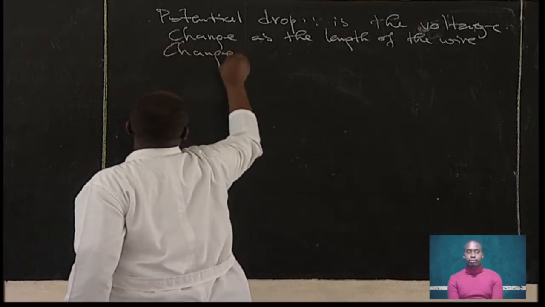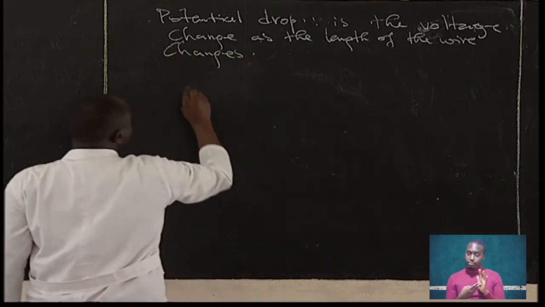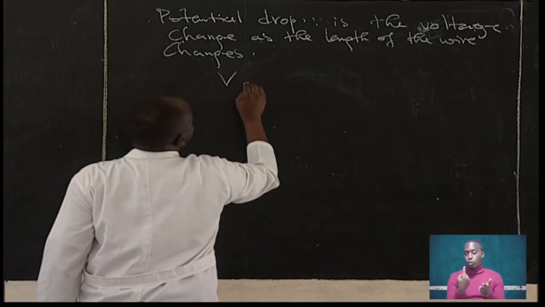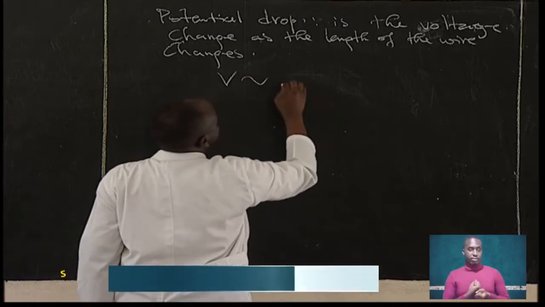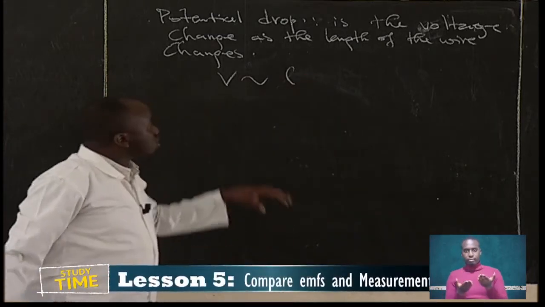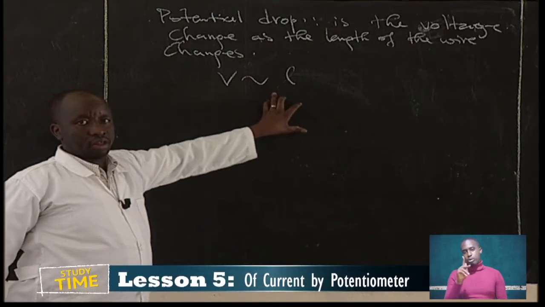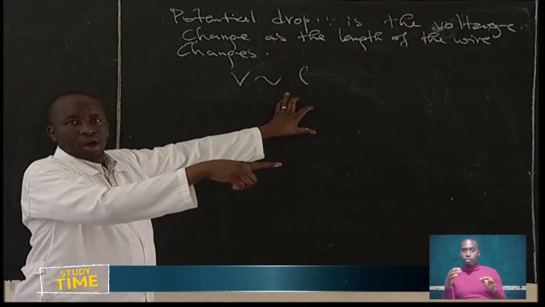So this is what we have said, the potential difference is approximately proportional to the length of the wire that we have.